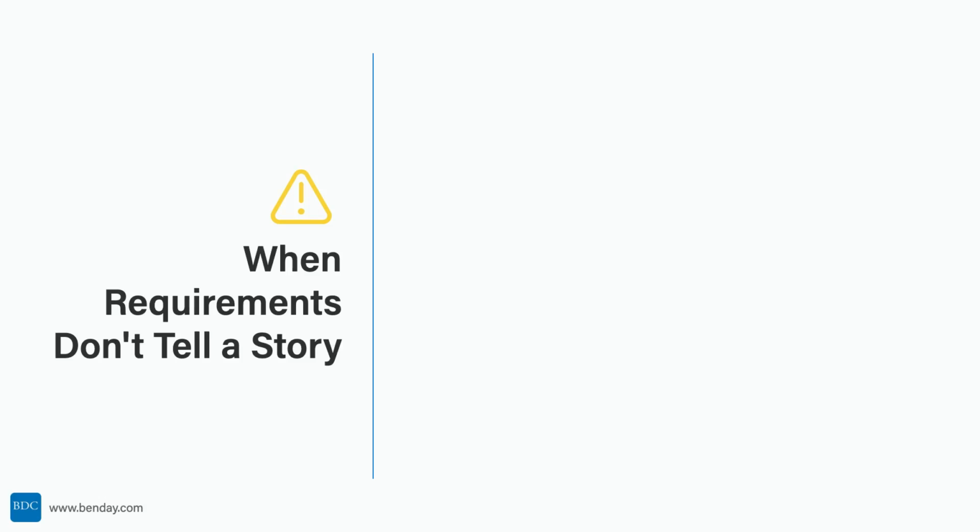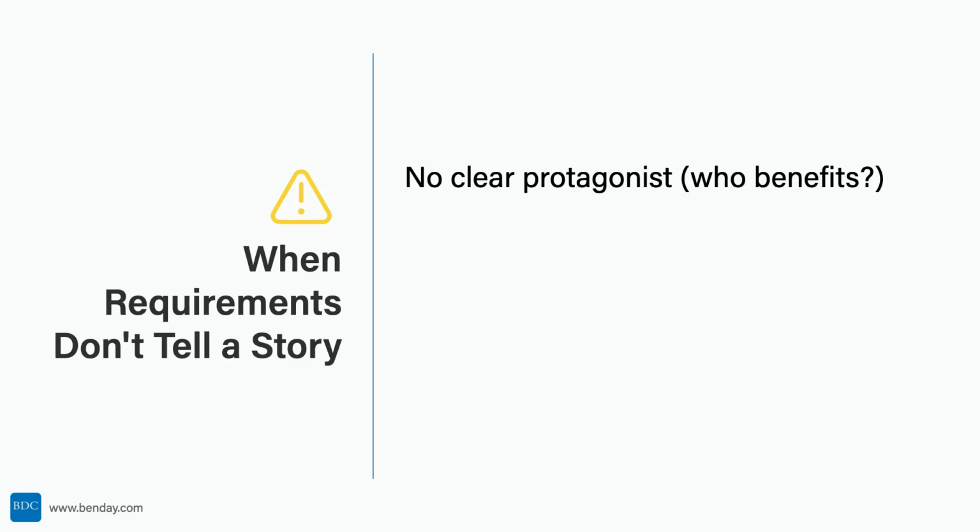How do you know when a requirement doesn't tell a story? Here are some warning signs. There's no clear protagonist. You can't answer who benefits from this. If you can't point to a person who's better off when this is done, it's not a story. The why is technical. We need to refactor this for performance. Okay, but why does performance matter? What happens to users when it's slow? That's the real why.